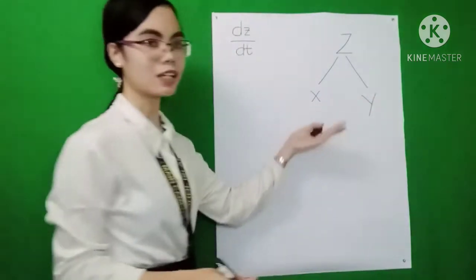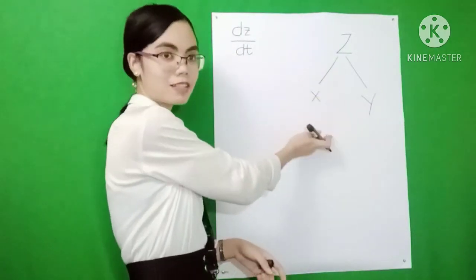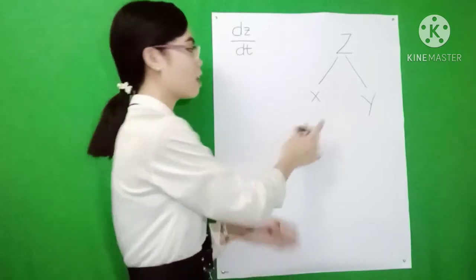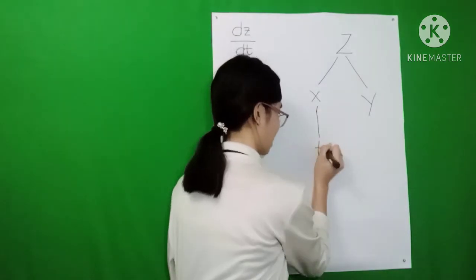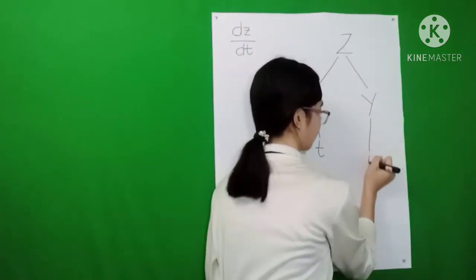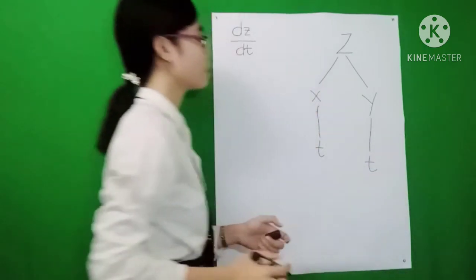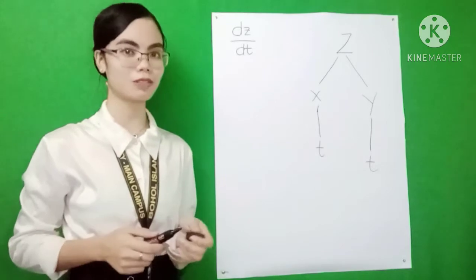As we can see, there are two branches, where the first branch, x, is also a function of t, the same as y. So we have here the tree diagram according to theorem 107.